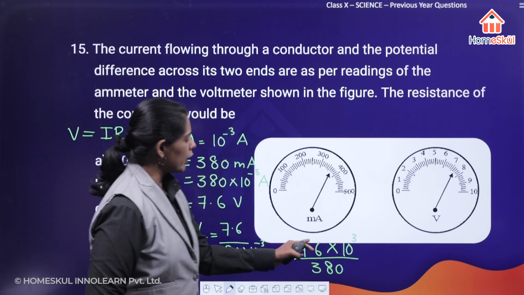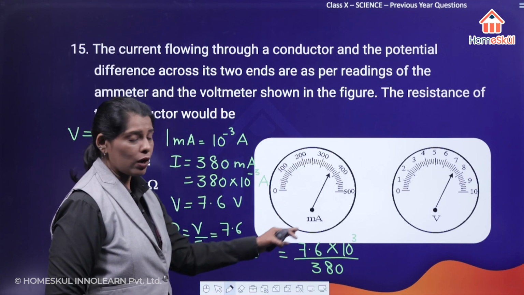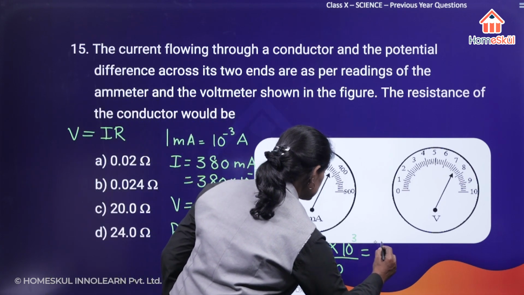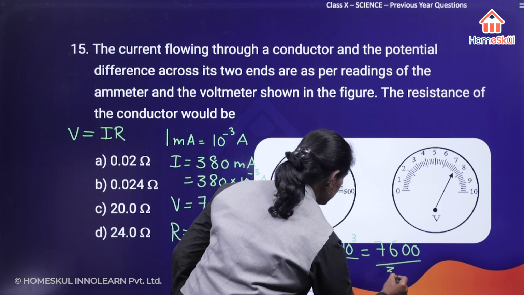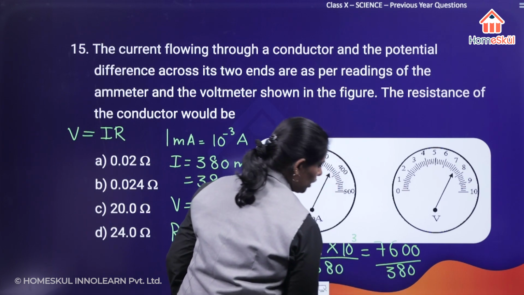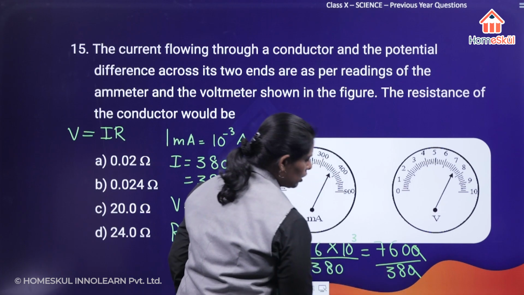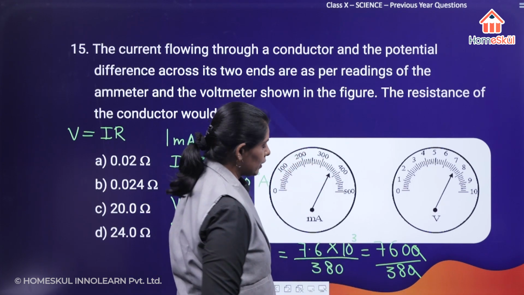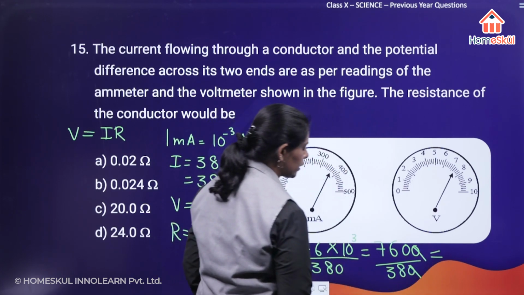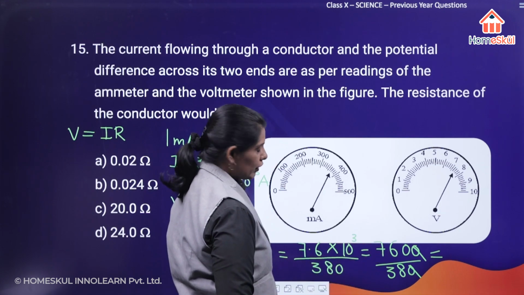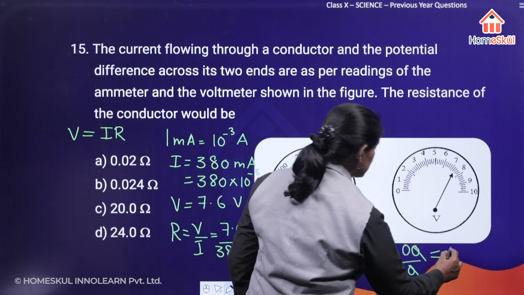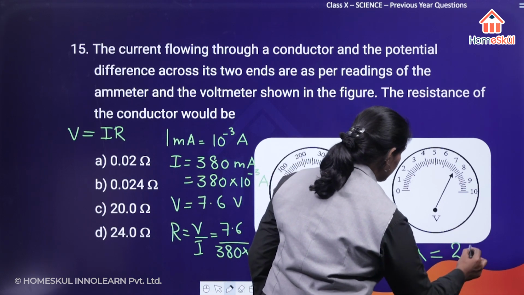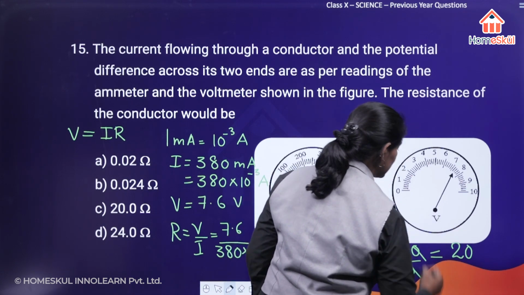Okay. 7.6 into 10 raised to 3 means 1000. It gives you 7600 divided by 380. You can cancel the zeros. 760 divided by 38. We know that 38 into 2 is 76. So 760 divided by 38 is 20.